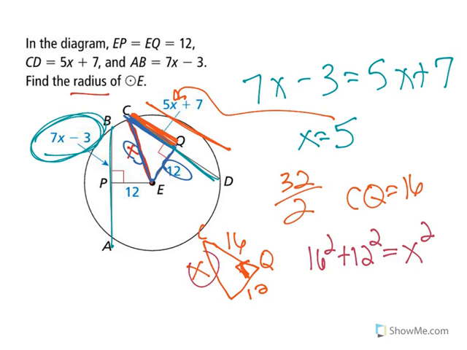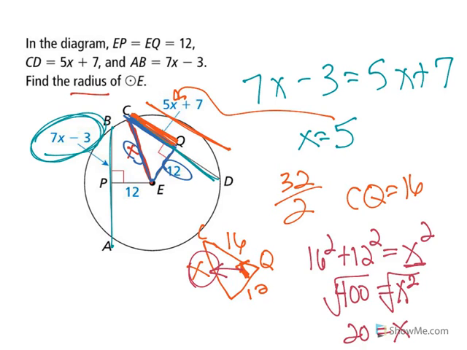Of course, this is our hypotenuse across from our right angle, so that's why it is x squared. When we do that, 16 squared plus 12 squared, we end up with 400 equals x squared. Take the square root of both sides, and 20 equals x. And that was a very long, drawn-out method to figure out the radius of circle E.